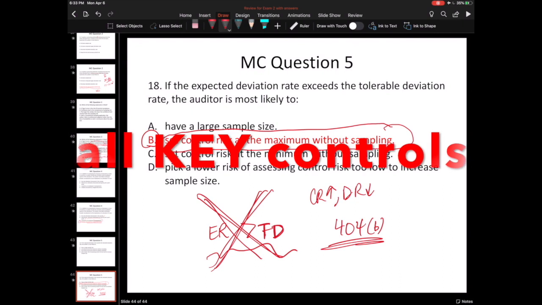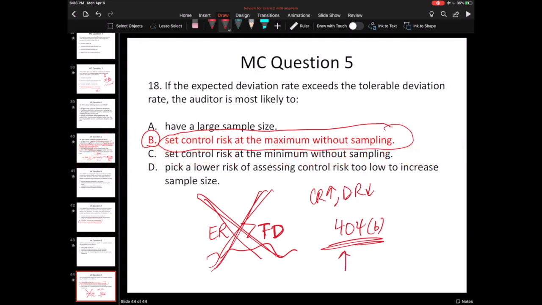So theoretically, there could be a control in an organization where I'm having to issue a 404(b) opinion, an accelerated filer, and I could expect the control to fail and go into the test expecting it to fail and still test it anyway. For those tests, theoretically, your expected deviation rate would exceed your tolerable deviation rate.